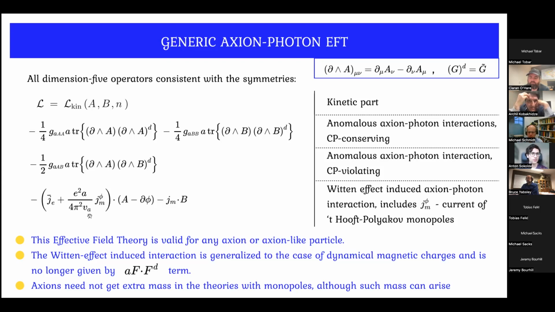The additional complication is that in the simplest models of 't Hooft-Polyakov monopoles, these monopoles do not have spin, and we have to have fermionic monopoles. So there are some complications, but in principle maybe it's possible to construct such a model. We treated it as an effective field theory. Yes, in principle it could be possible.